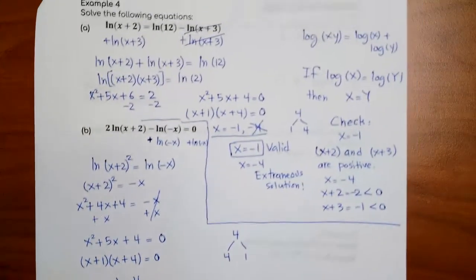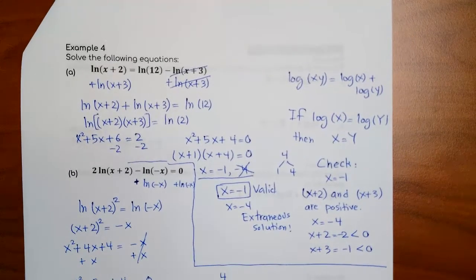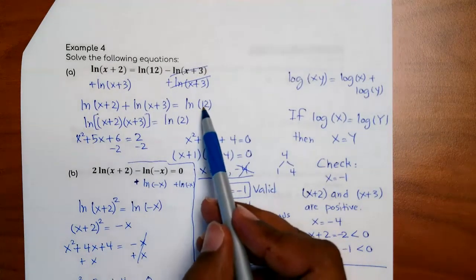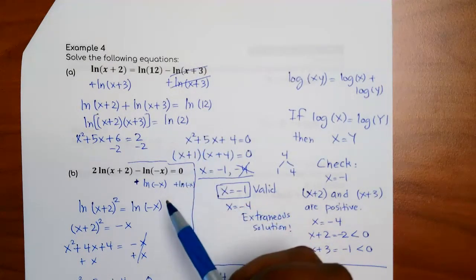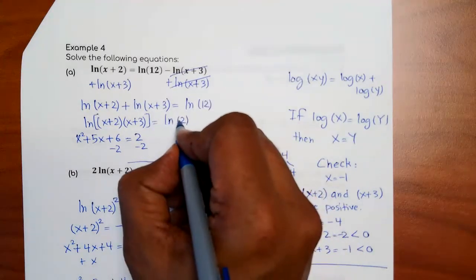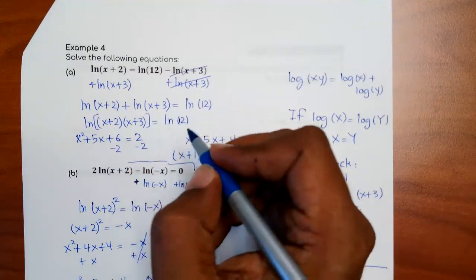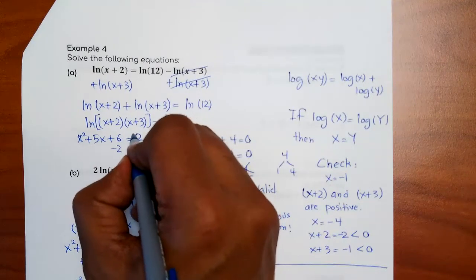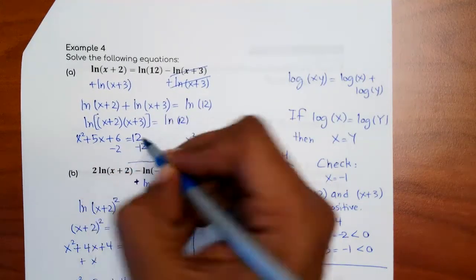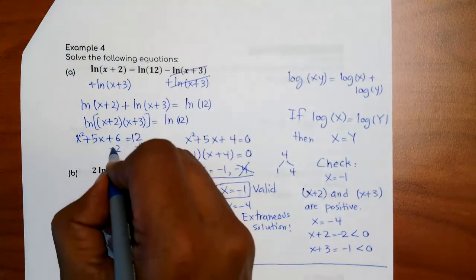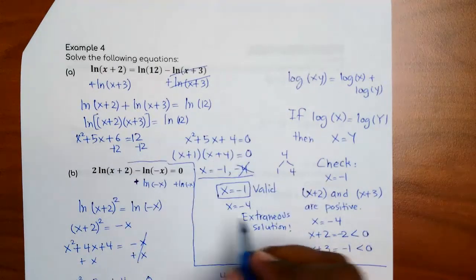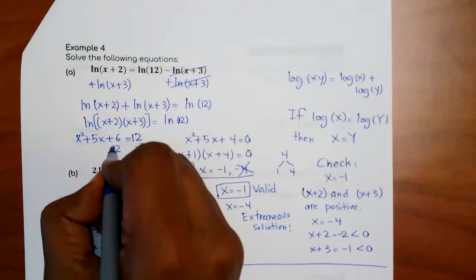Okay, so now when I have this particular scenario, wait a minute, let me go back to this problem one more time, because I just noticed that I changed this from log 12 to log of 2, which was wrong. So basically this is 12 and then this is 12, so you'd subtract 12, and also here you subtract 12, so this is 1.